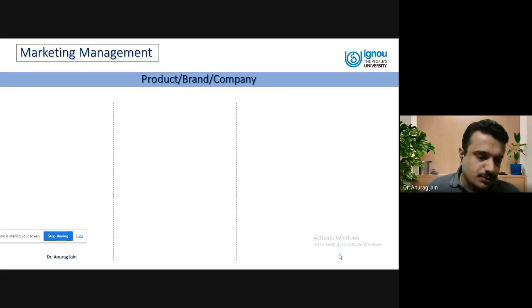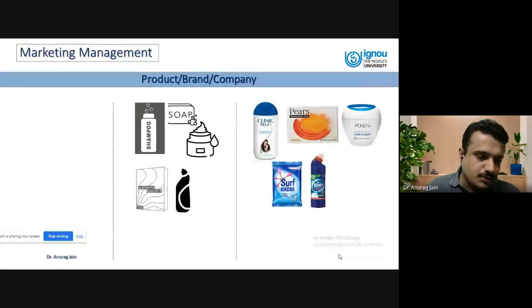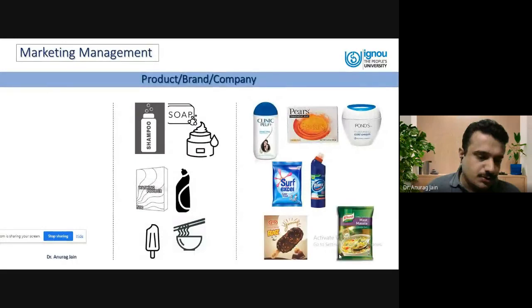Now there is a very small, quick activity on your screen. You have to pay attention, unmute yourself, and let me know how you can categorize these among the three categories: product, brand, and company. Just pay attention to these images and let me know what is product, what is brand, and what is company here.